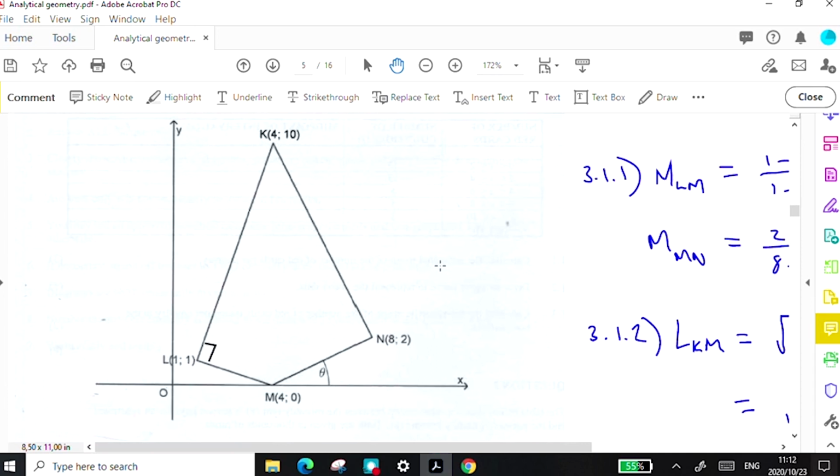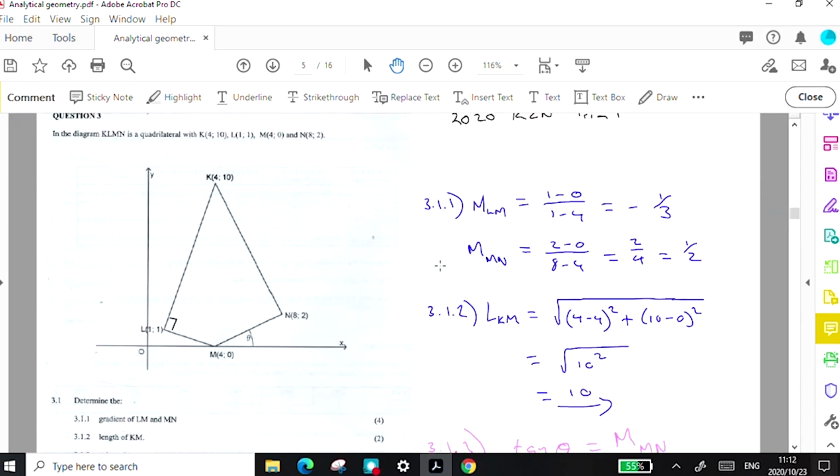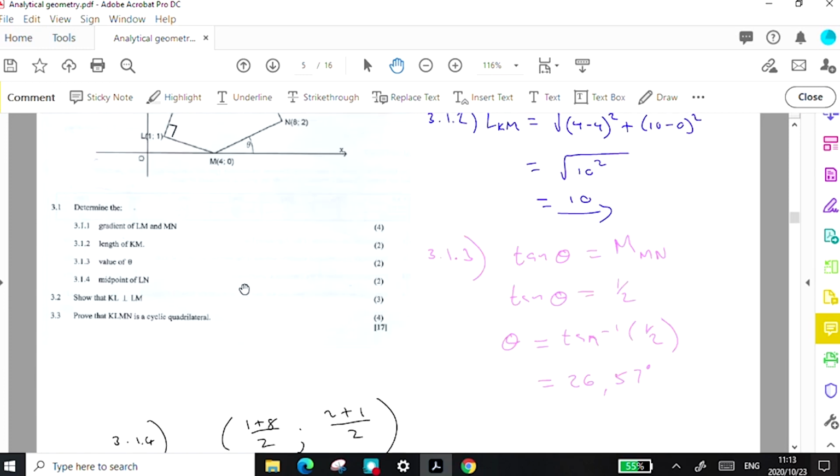Now the gradient of MN we already have. The gradient of MN is equal to half. So we just need to show that the gradient of NK is equal to minus 2. Let's go ahead and find the gradient of NK.